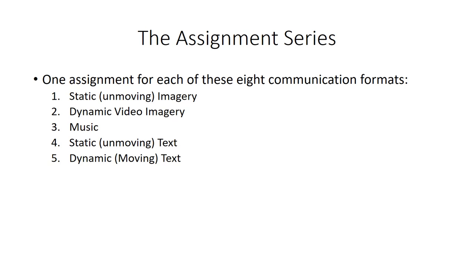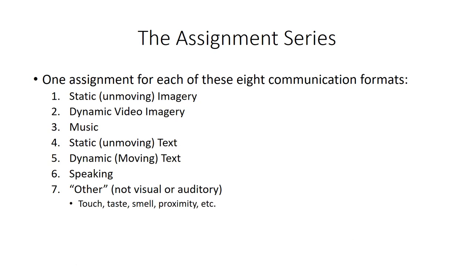Dynamic, moving text. Speaking. Our other category is not visual or auditory, so it can be touch, taste, smell, proximity, anything that's not directly visual or auditory. And finally, the last category is silence or nothingness or emptiness.